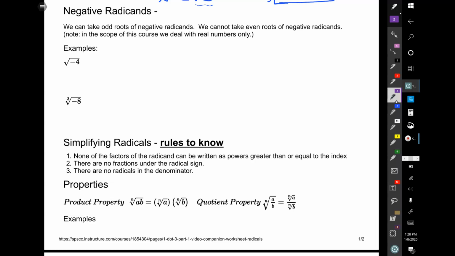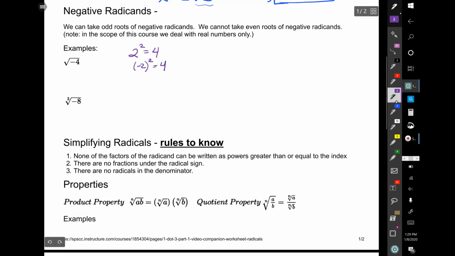I have to think what times what would give me -4 under there. Well, if off to the right I'm writing 2 squared, that would be 4. Even if I tried -2 squared with the parentheses around it, I'd still get a +4.